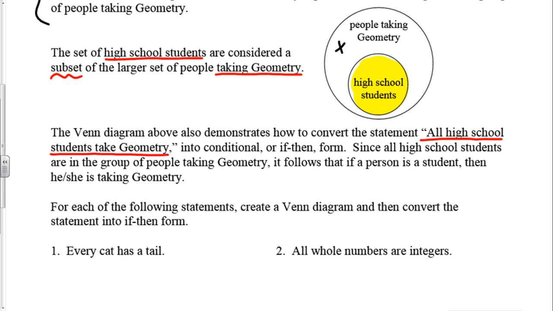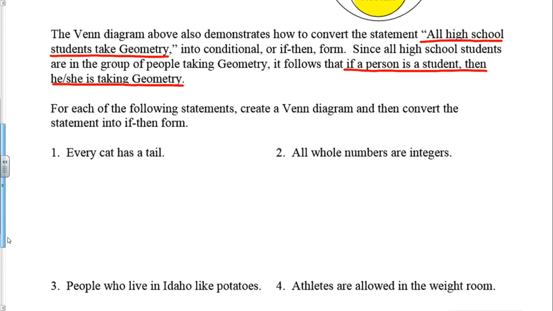We can also convert that into the conditional form, which is the if-then form, which would be read as, if a person is a high school student, then he or she is taking geometry. So both of the things I have underlined represent that Venn diagram about high school students and people taking geometry.